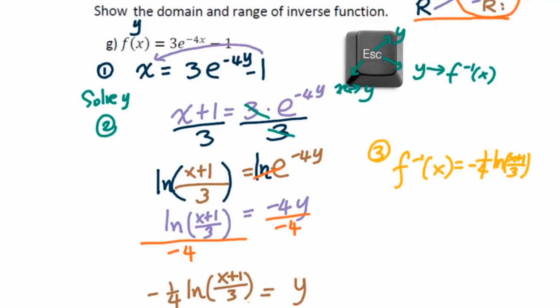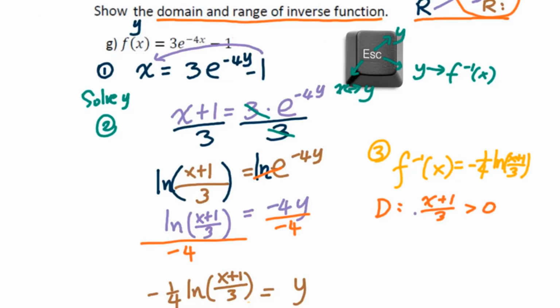We need to figure out the domain and the range of the inverse function. For this inverse function, we can figure out the domain because this is a logarithm function. The argument (x plus 1) over 3 has to be greater than 0.